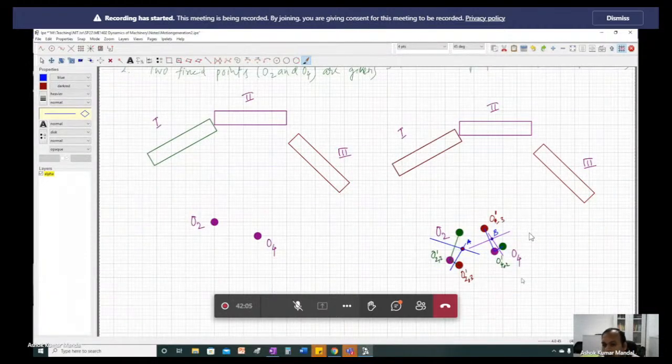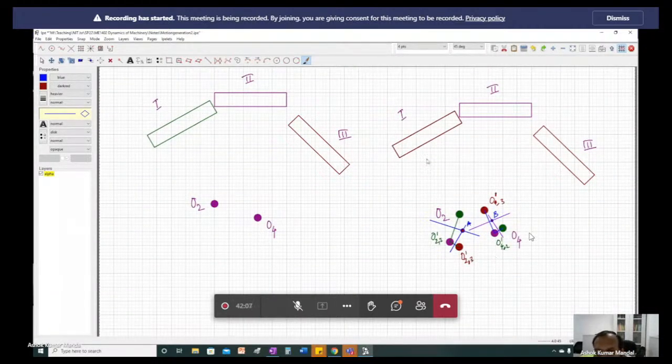Now you can ask a question: sir, the coupler is here, and points A and B must lie on the coupler. They must not lie outside, right? How is the solution here? What you can do is think of this as your coupler.